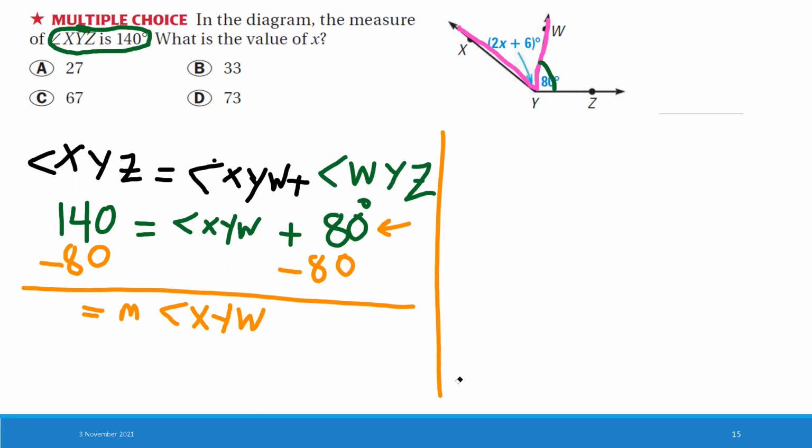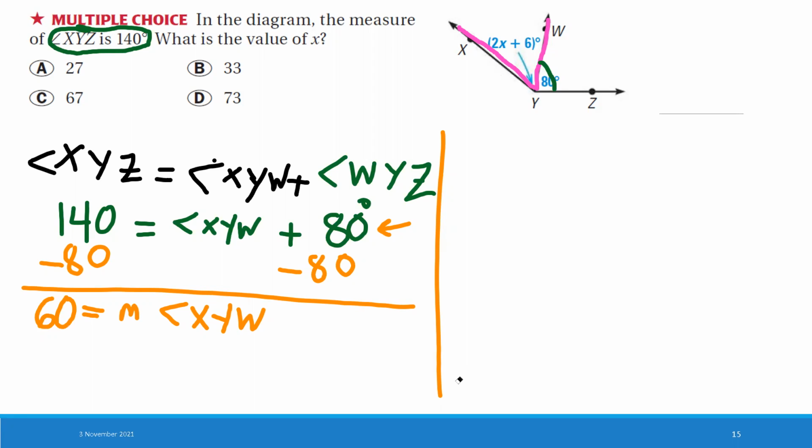It's 60. There's no other way in subtraction. So the measure of XYW is 60.